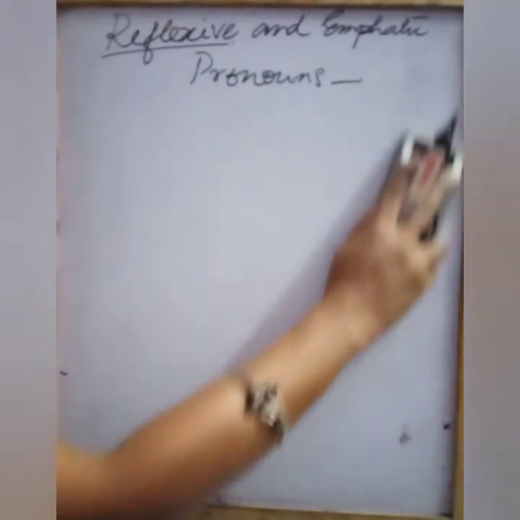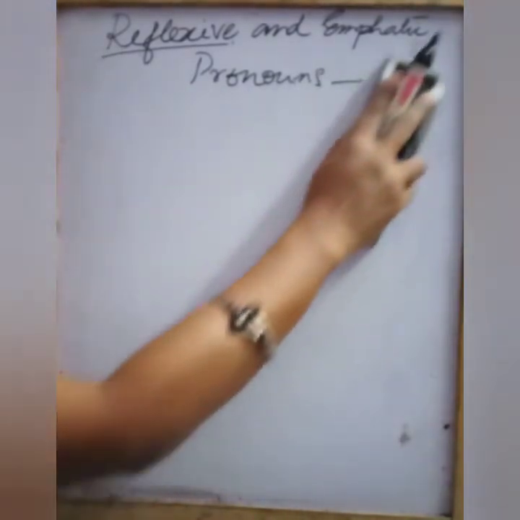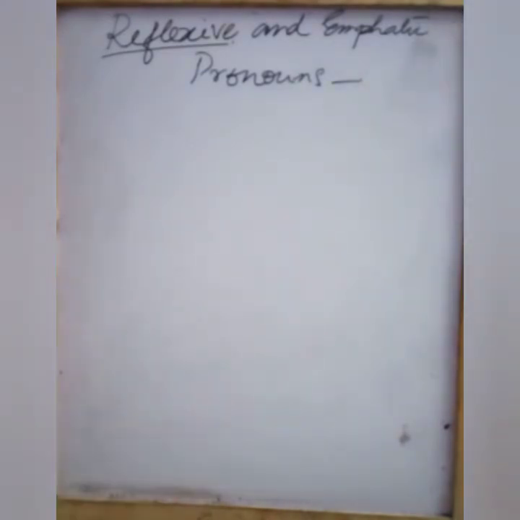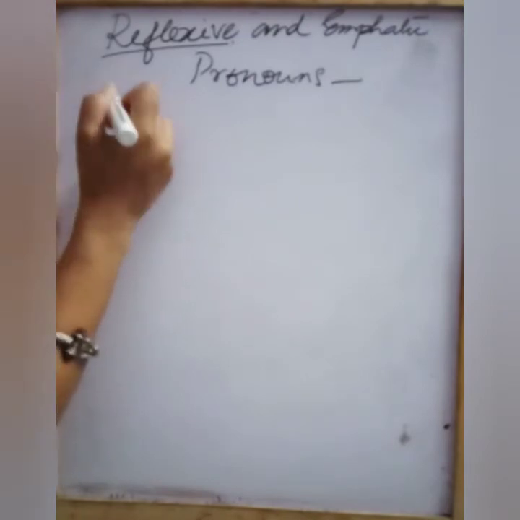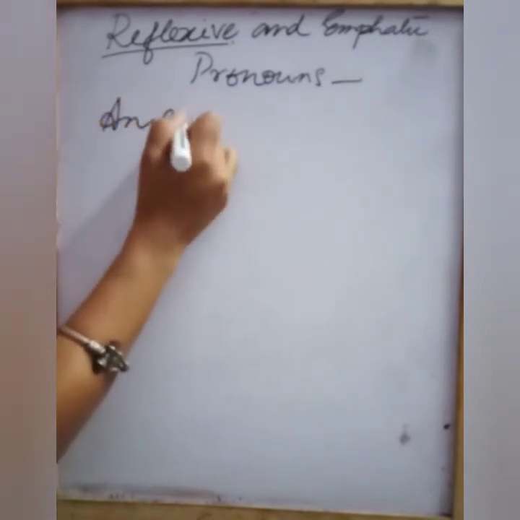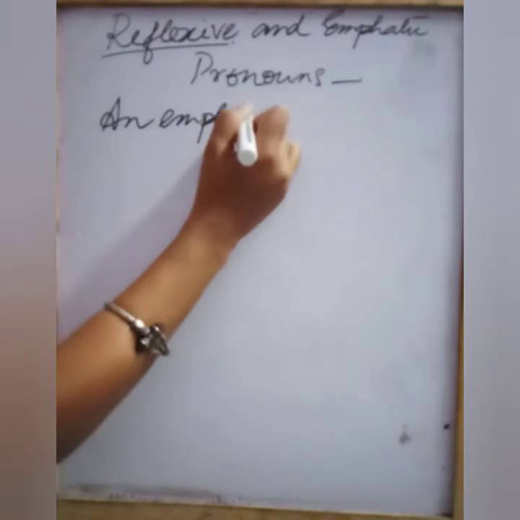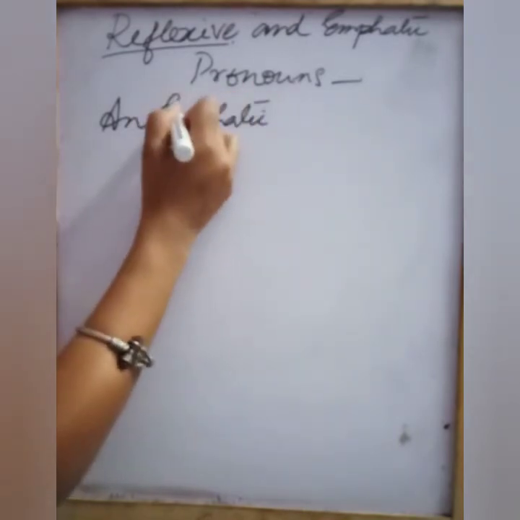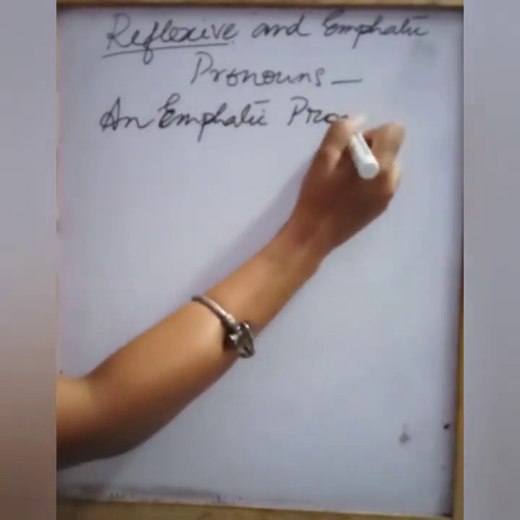So let's see what an emphatic pronoun is. Emphatic means laying emphasis on. In very simple words, emphatic pronouns emphasize the action of the subject. Whatever action the subject is doing, it is just emphasizing the subject or the noun. Let me write it down.